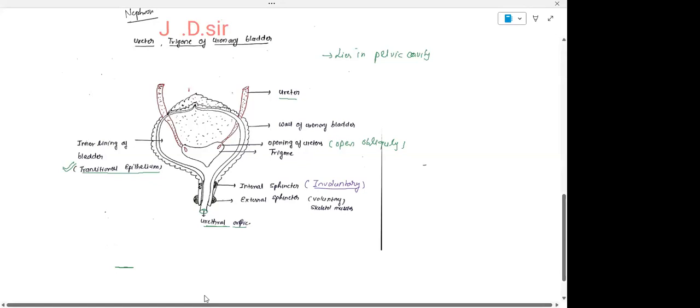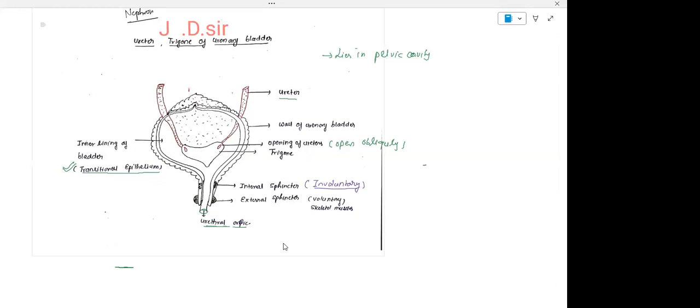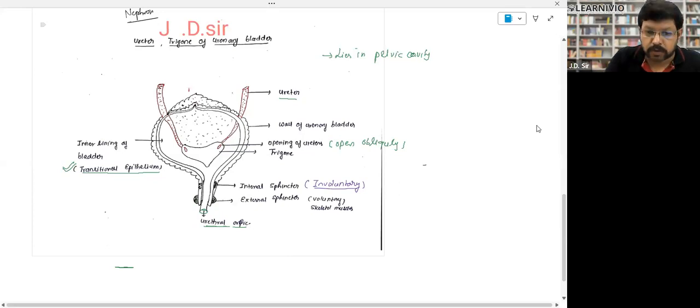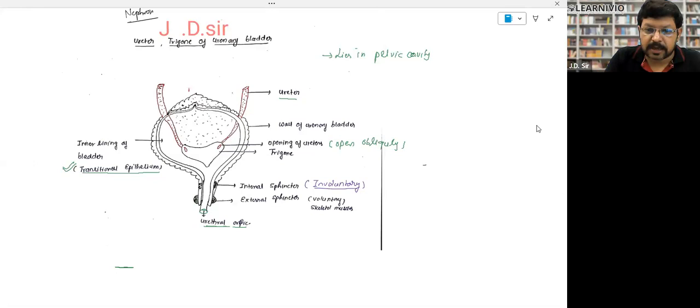Sphincter muscles? Sir, is it like a ring-like muscle surrounding, which helps to contract or close a bodily passage? You're right. Now you are getting this. We have already discussed that in the digestive system. Look, sphincter muscles work like a valve, right?